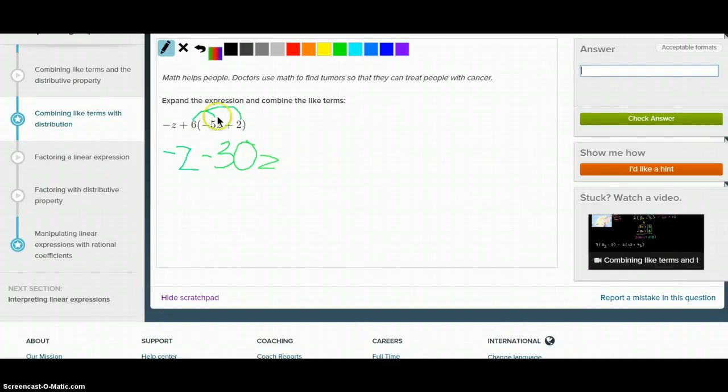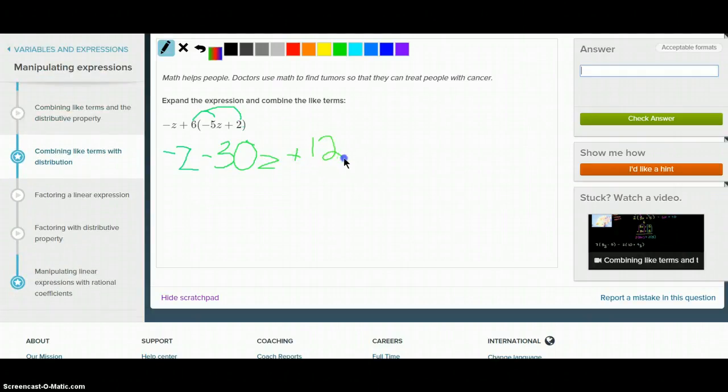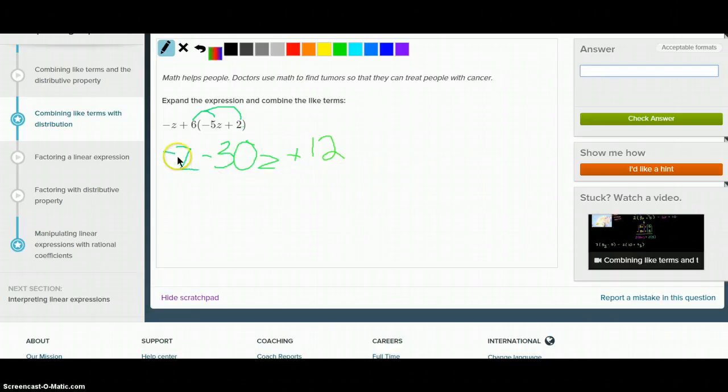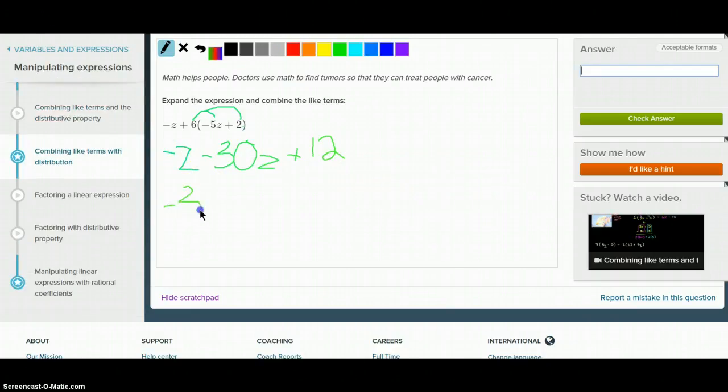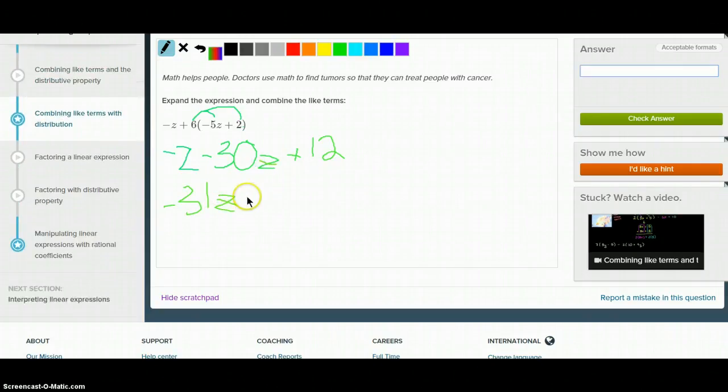And then positive 6 times positive 2 is positive 12. So we combine like terms, we have negative 1z minus 30z, so that's negative 31z plus 12.